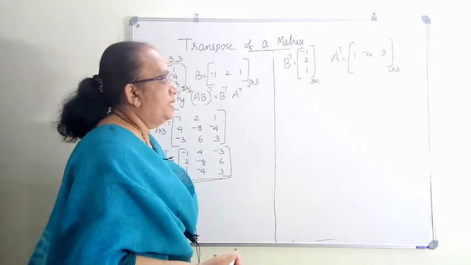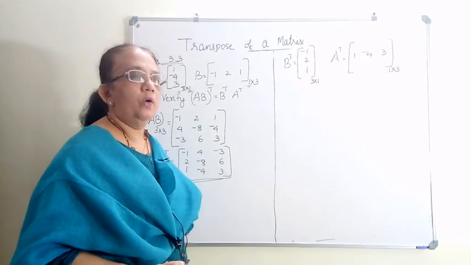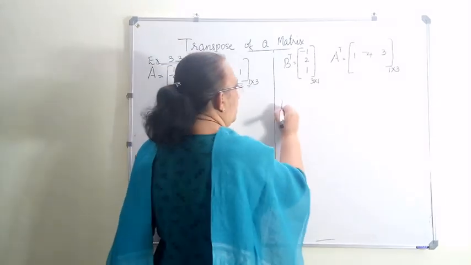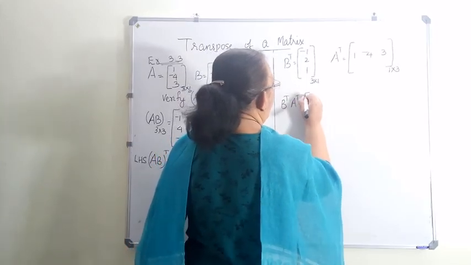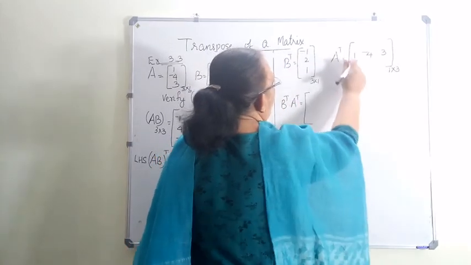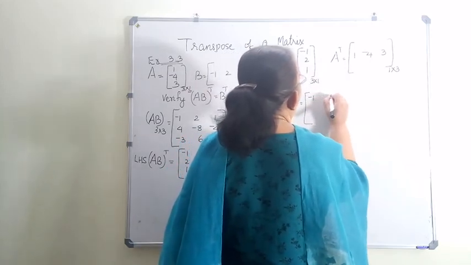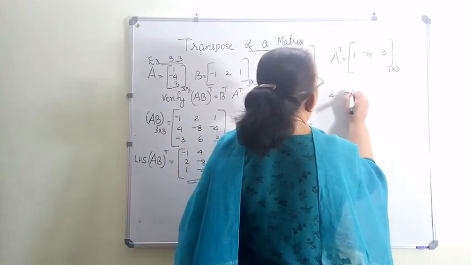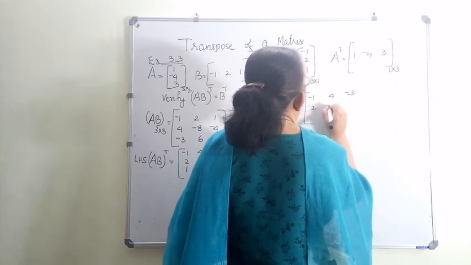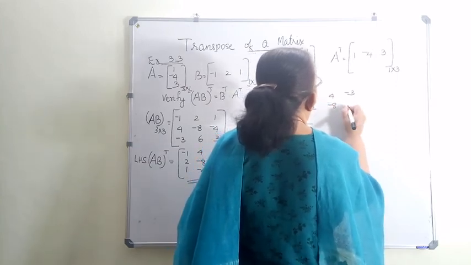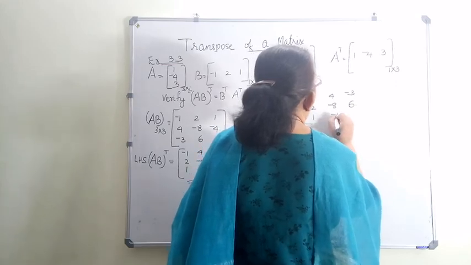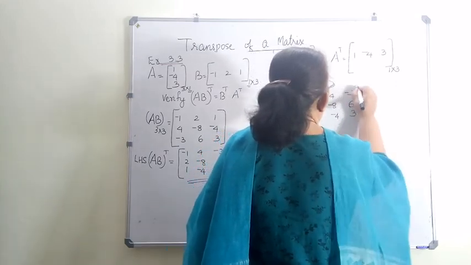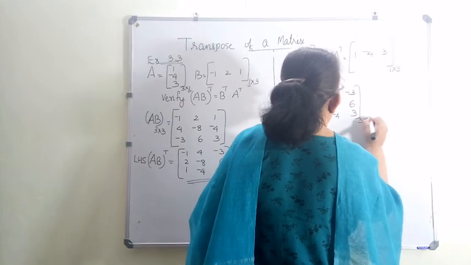So, B transpose into A transpose will be of order 3 by 3. B transpose into A transpose is equal to first row into the first column, minus 1, 4, minus 3, 2, minus 8, 6, 1, minus 4, 3. And it is of order 3 by 3.